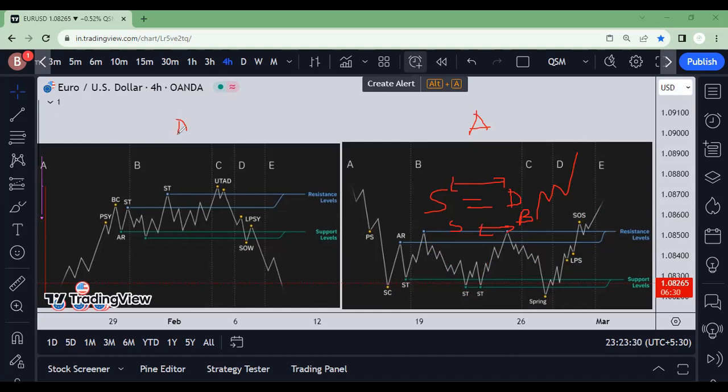And when it comes to distribution, same: preliminary supply, buying climax, automatic reaction or rally, secondary test, automatic rally resistance support, and secondary test or buying climax as a resistance. Whatever follows in between would be counted as secondary test. Mostly when we are in distribution, we only consider the secondary test taking place at and around the buying climax area.